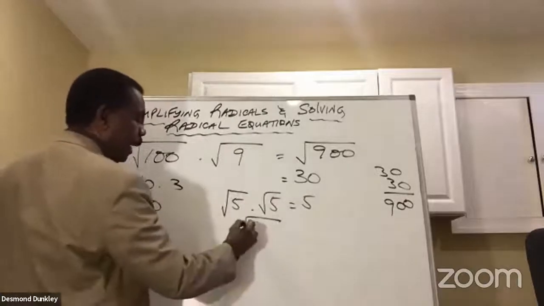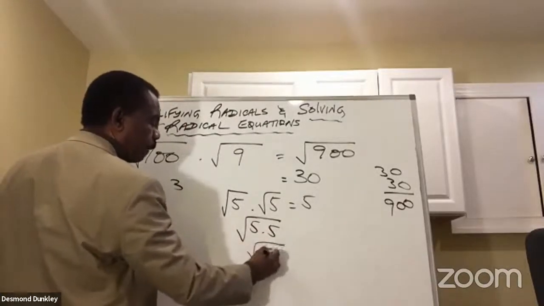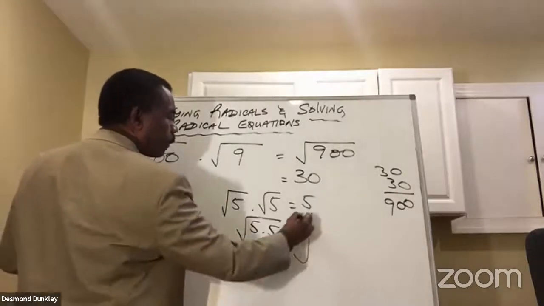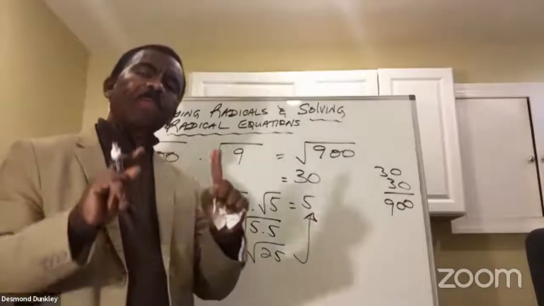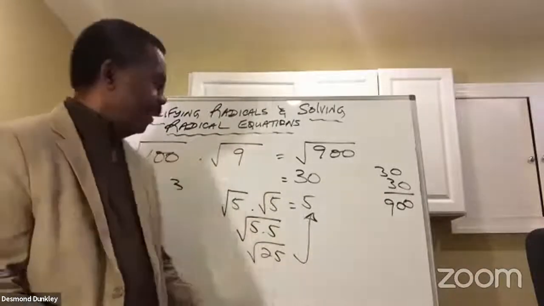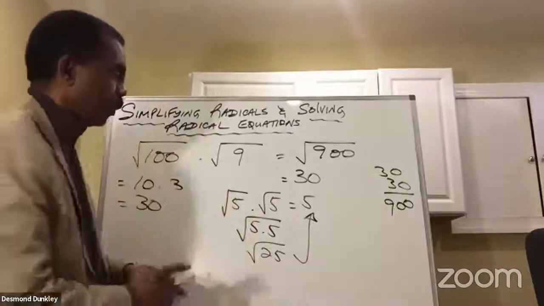Put them under the same radical, it's 5 times 5. So it's the square root of 25, which of course gives you 5. But I'm going to show you another way to be convinced that the square root of x times the square root of x is just x.